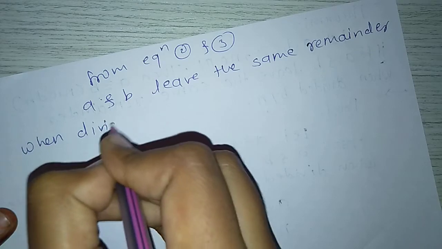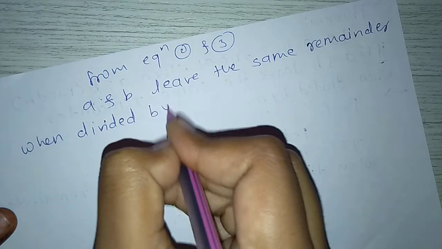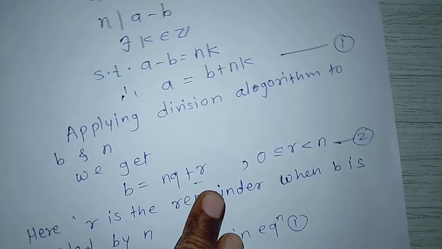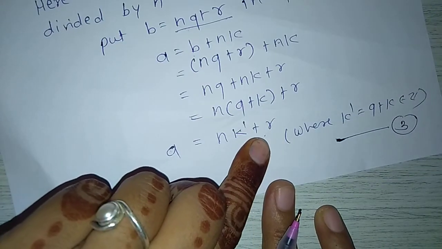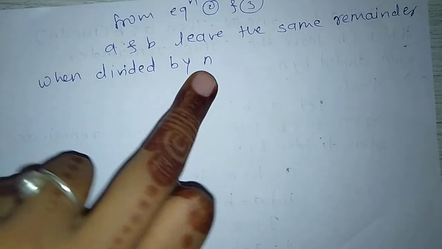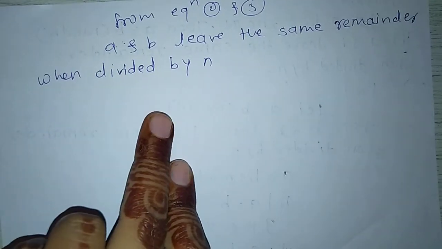Here in equation 2 remainder is r, and here in equation number 3 remainder is r. That's why we say that a and b leave the same remainder when divided by n.